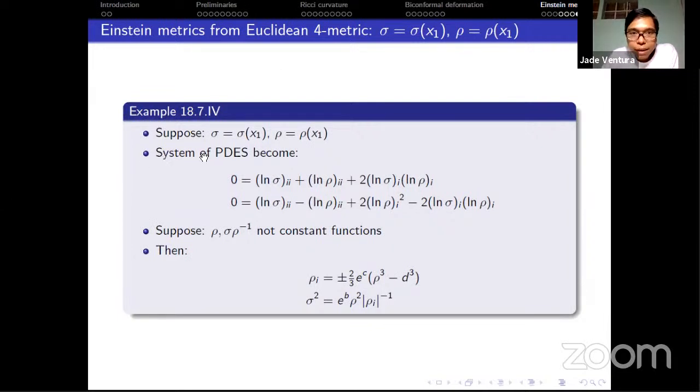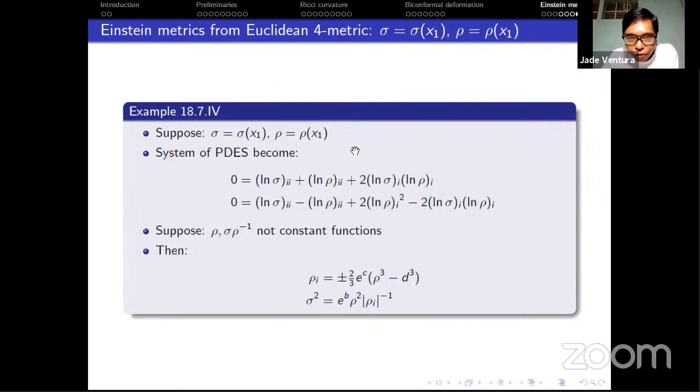So sigma is sigma of x1 and rho is rho of x1. In this case, the system of PDEs becomes this system of 4 partial differential equations. You can see there are 2 equations, but there are 4 in total since I runs from 1 to 2.